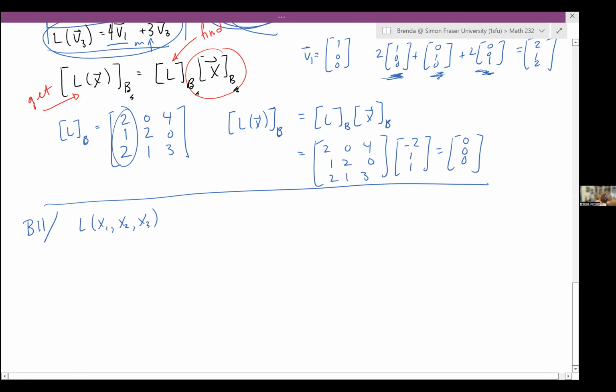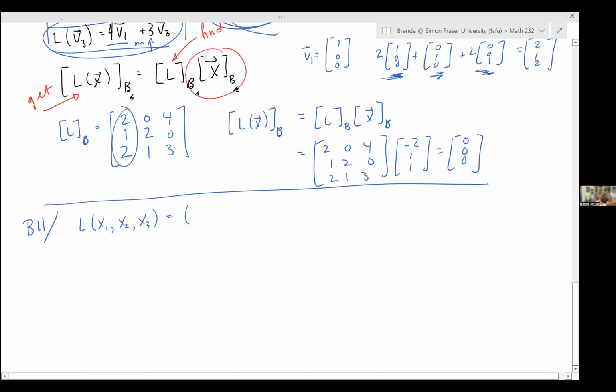It operates on a vector from R3, and it does this. I'll try not to make any small arithmetic mistakes because that can be highly confusing. I think I've got the transformation copied down correctly. So that is our transformation.